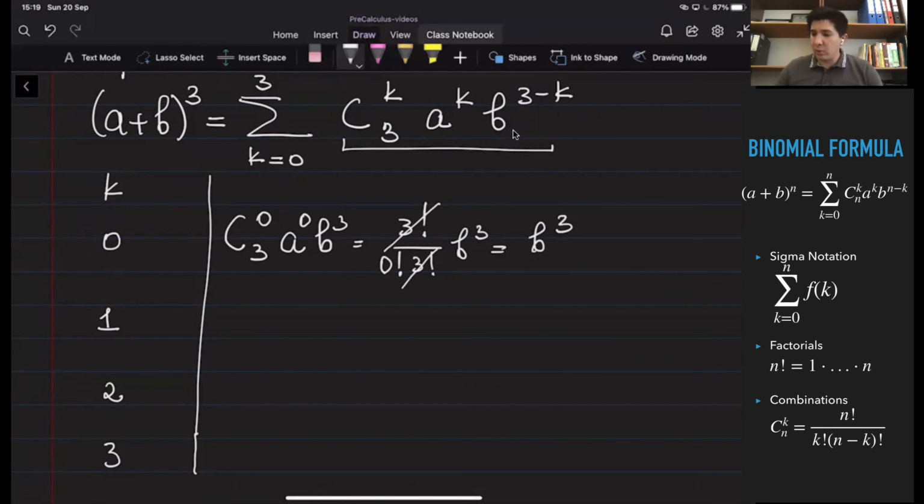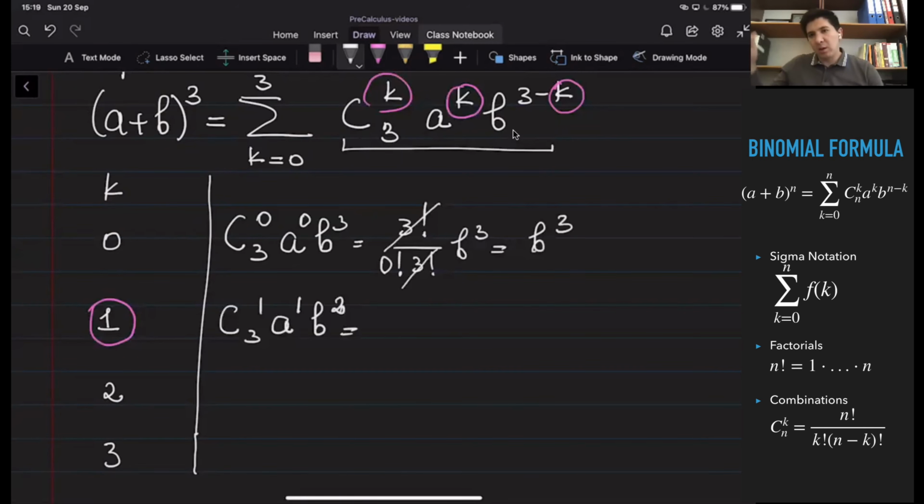When k is equal to 1, it's going to be C(3,1). I'm just substituting k with 1. So C(3,1), a to the power of 1, b to the power of 3 minus 1, which is 2. It's going to be 3 factorial divided by 1 factorial, and the factorial of their difference, which is 2 factorial.